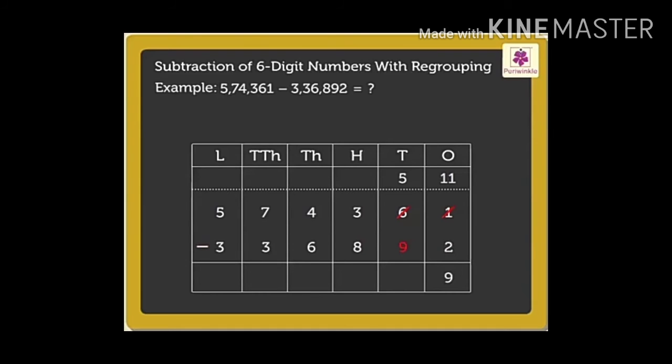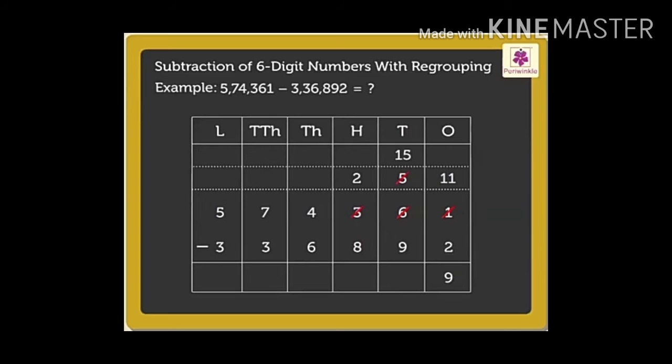Here next in the tens place, we cannot subtract 5 minus 9. As you know, 5 is lesser than 9. We have to borrow from the hundreds place or regroup. So now 15 minus 9, you get the answer 6.